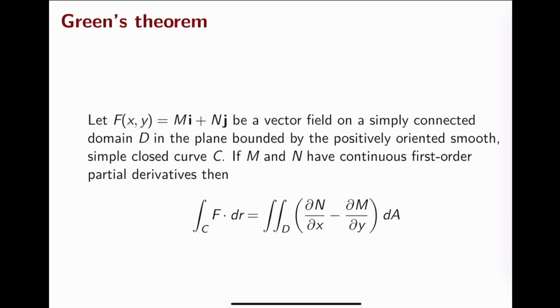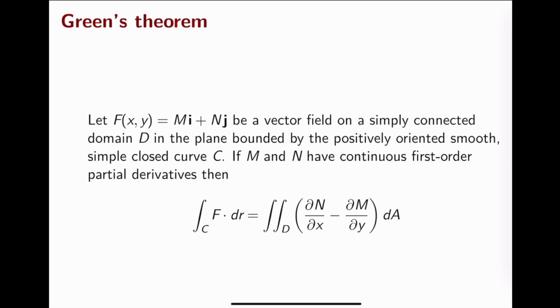Okay, so we're going to see this important theorem for line integrals called Green's theorem. It provides another way to calculate a line integral of a vector field. Remember that before we have a way to calculate when the vector field is conservative. This is going to be instead for any vector field.